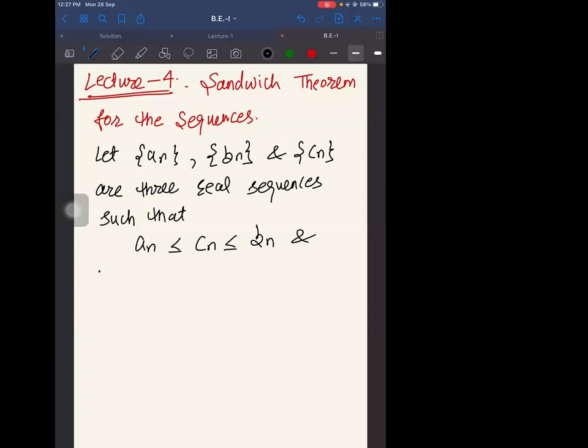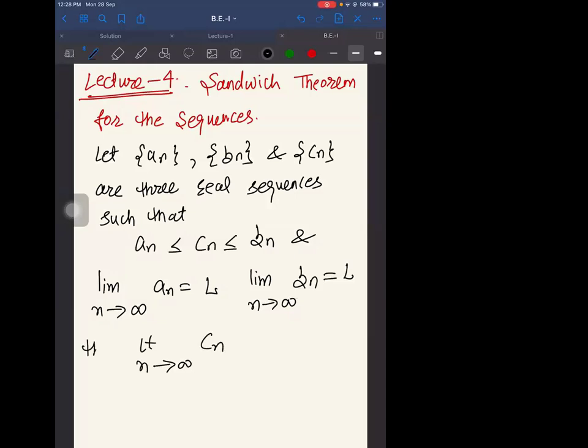And limit n tends to infinity an exists and is equal to L, limit n tends to infinity bn also exists and is equal to L. So what I want to claim is that the sandwiched sequence between these two, that is cn, will also converge and will converge to the same limit. So we'll prove that fact.